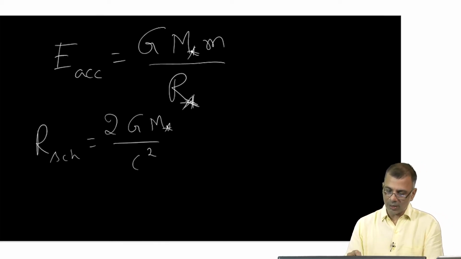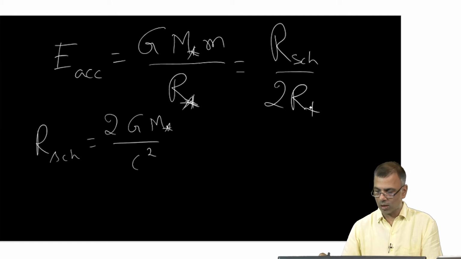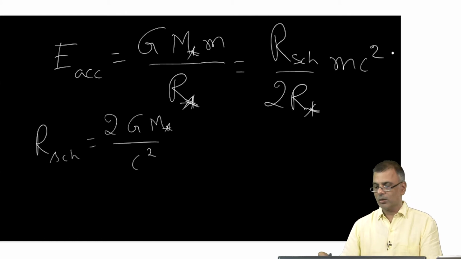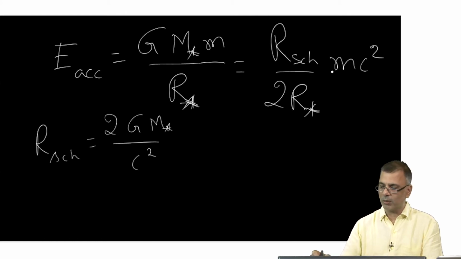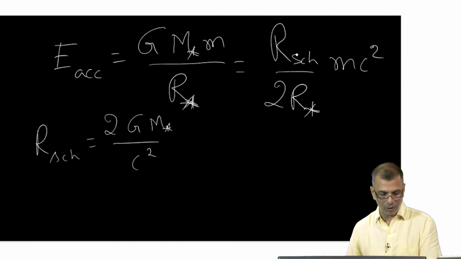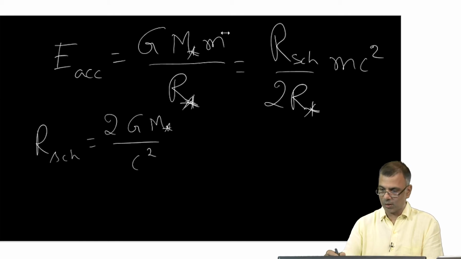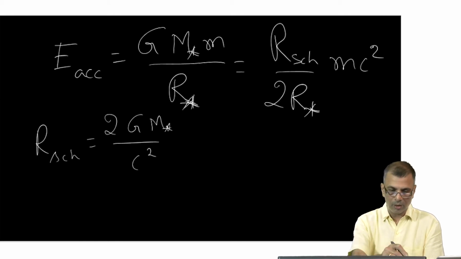In units of this radius, the energy becomes R Schwarzschild over 2 r star times m c squared. So you really should be comparing this with 0.007, where this m c squared is the same as the m_p c squared seen earlier.